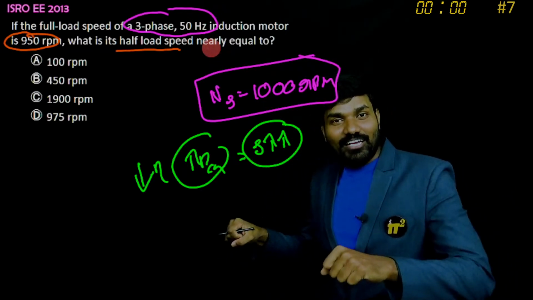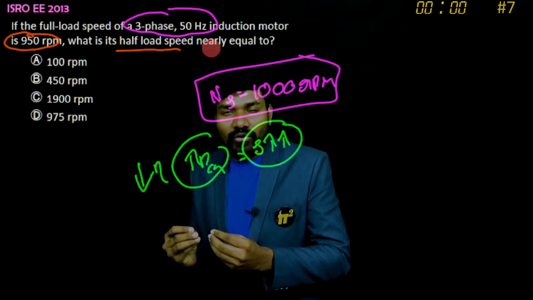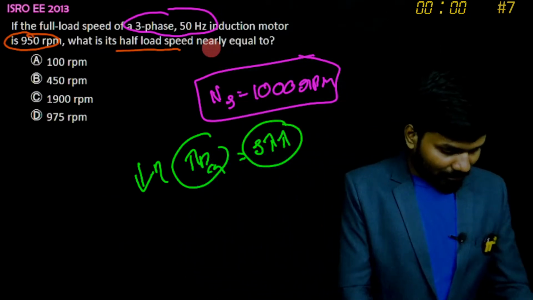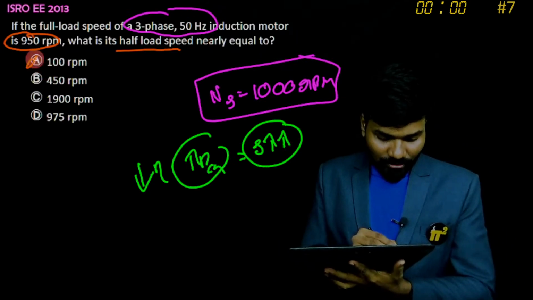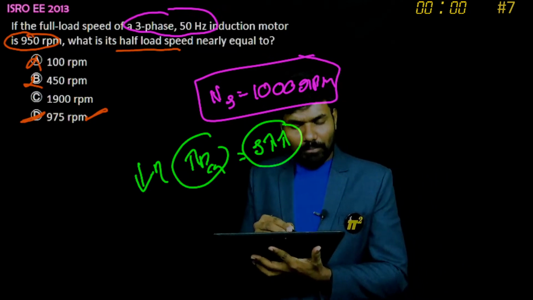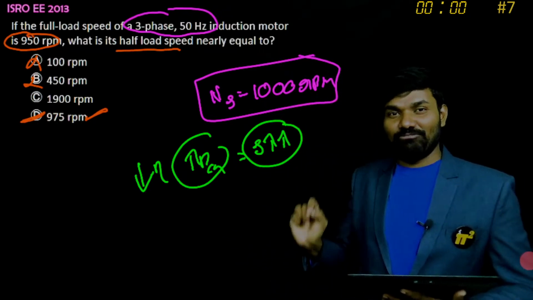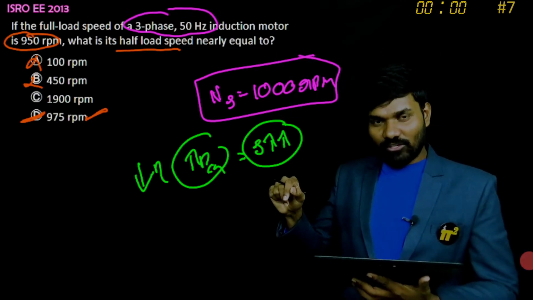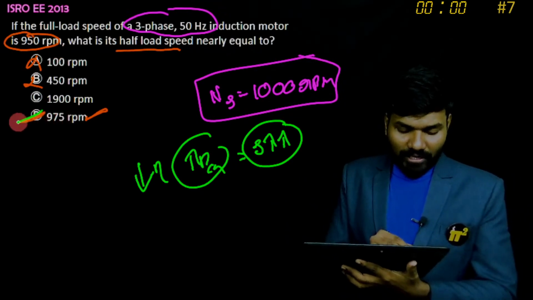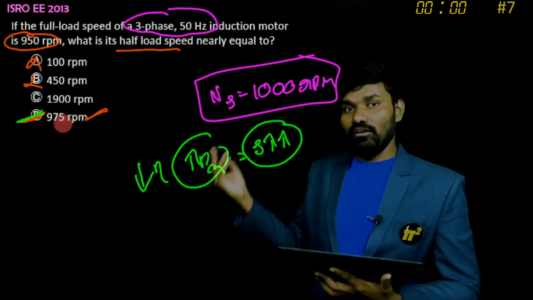Then suddenly, the bike will move a little faster. So speed will increase slightly. Yes, because an induction motor is almost a constant speed motor. If not exactly constant, almost constant. So there is a little change in the speed, it increases to 975. It will not become double.